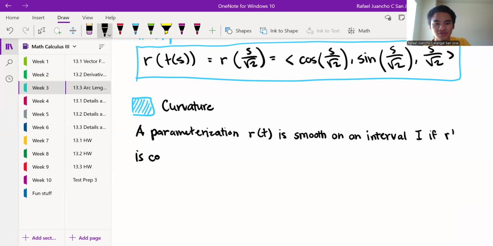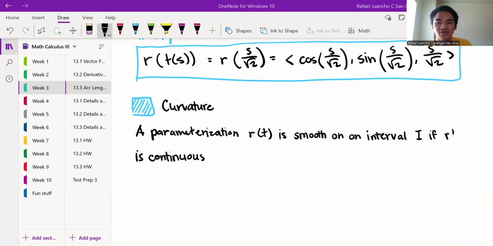So we've been talking about this all throughout. We can say it's a smooth curve if and only if its vector function is continuous.